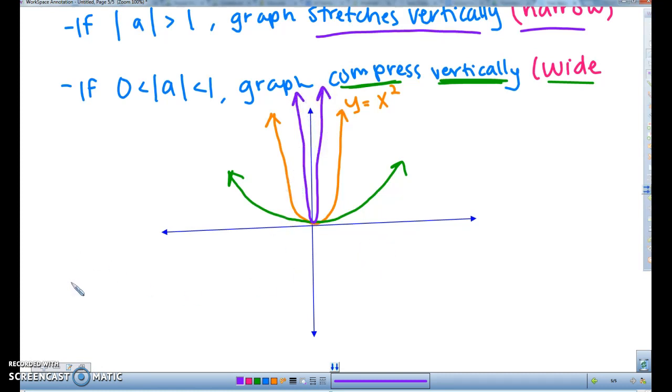So let's talk about some examples. Let's say I have j of x equal to 2x squared. Well, the absolute value of this 2 in front is 2, and that's greater than 1, so this is going to stretch vertically.